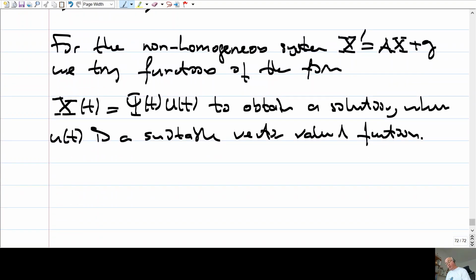Okay. So we hope that this gadget will be a solution of the non-homogeneous equation.